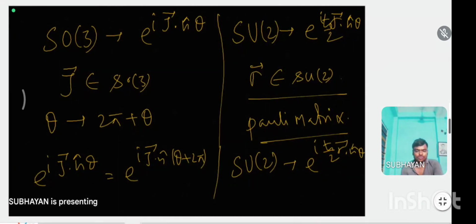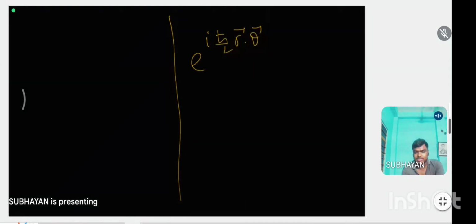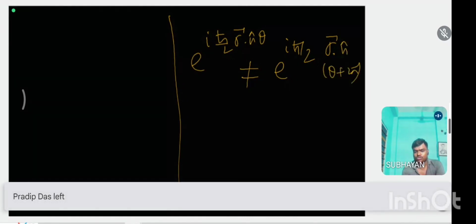For SU(2), this is not the same. For SU(2), e to the power i h cut by 2 sigma dot n cap theta is not equal to the same with theta plus 2 pi, because e to the power i pi will be there.